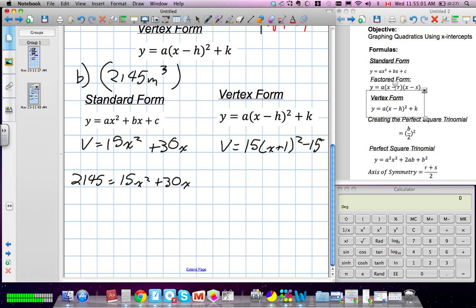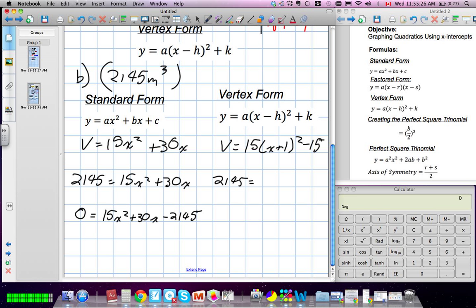In standard form, we want to set it equal to 0. So I want to move the 2,145 over to the other side of the equation. So we're going to end up with, in standard form, 0 is equal to 15x squared plus 30x minus 2,145.